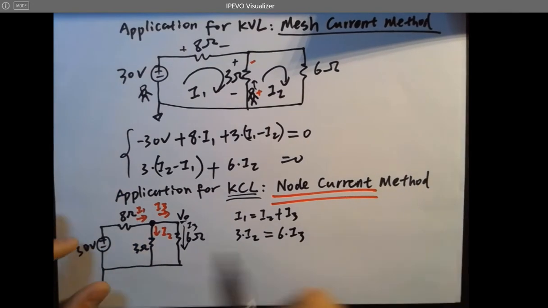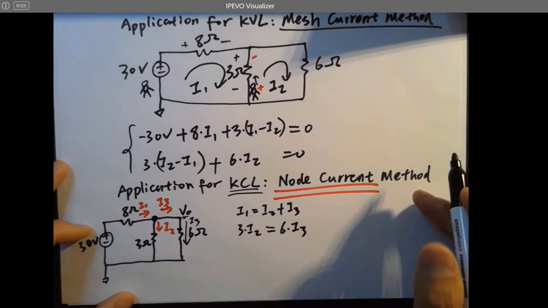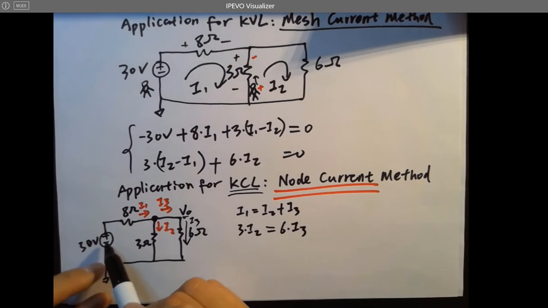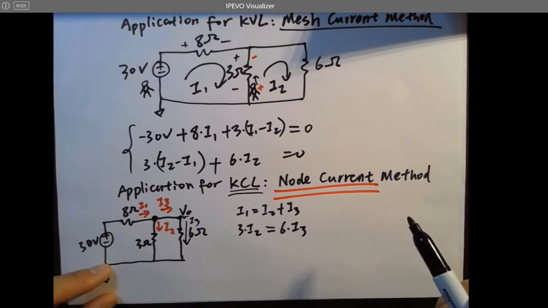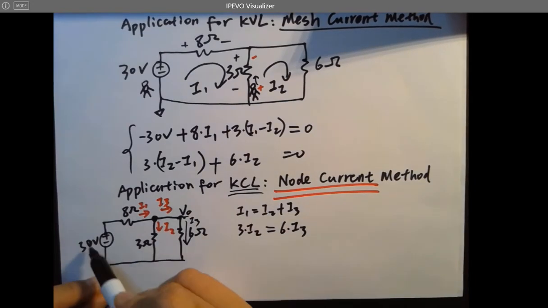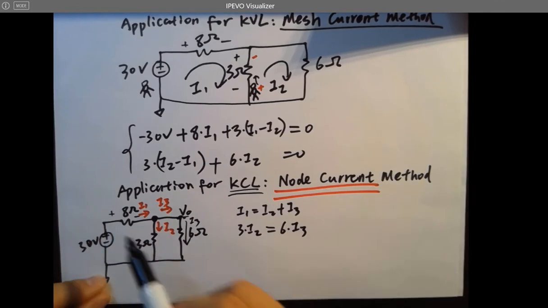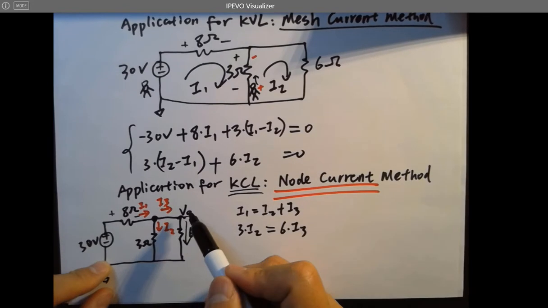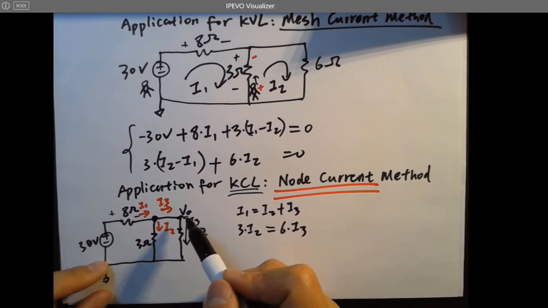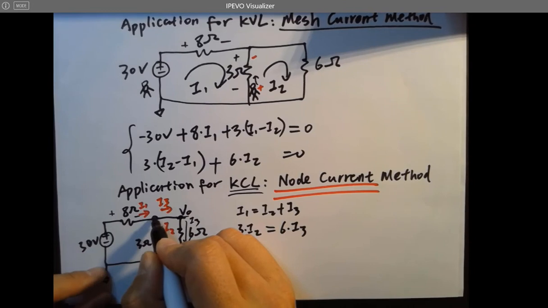What about the third equation? If we label this part as V0, then the voltage here and the voltage drop over here must have some relationship with V0. If we just look at the first part over here, this is V0, this is also V0.